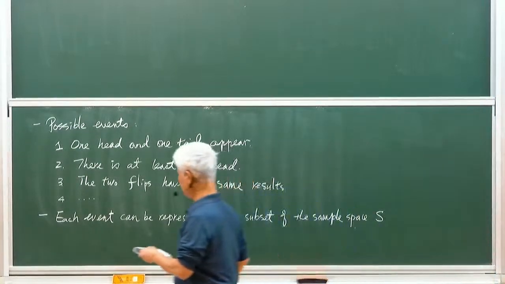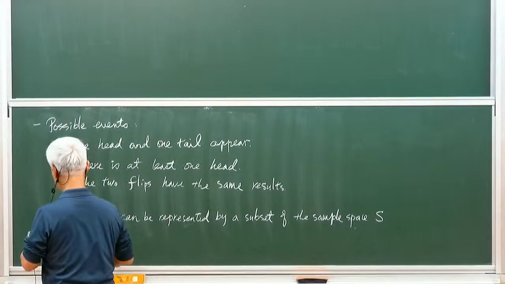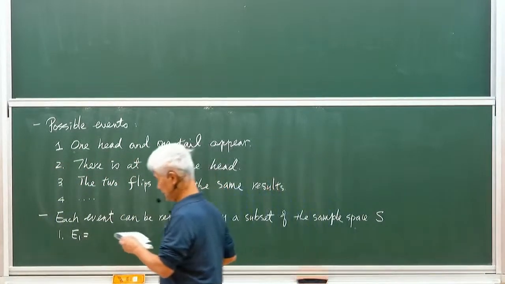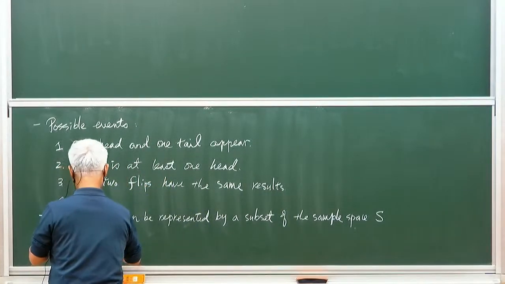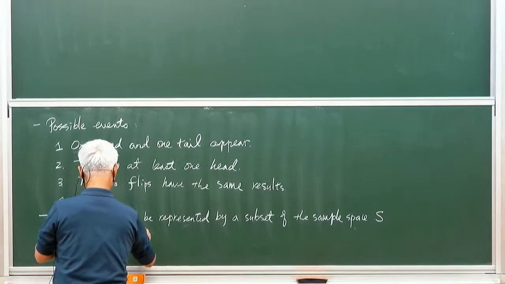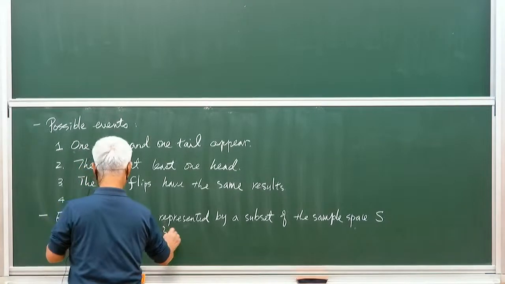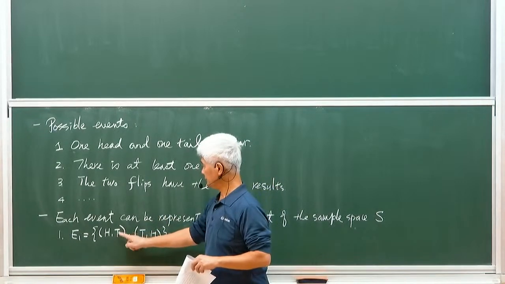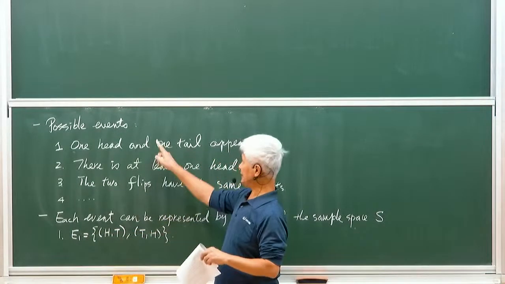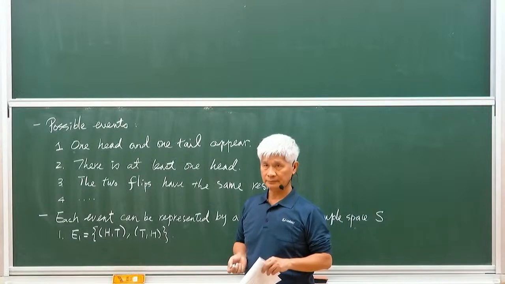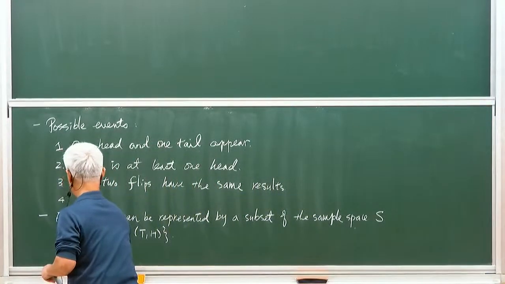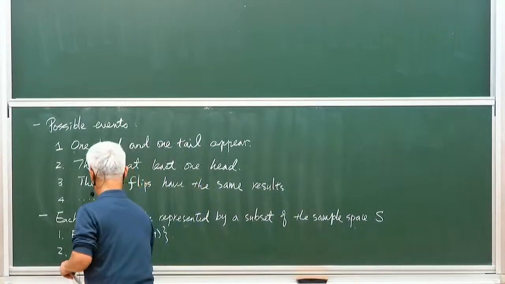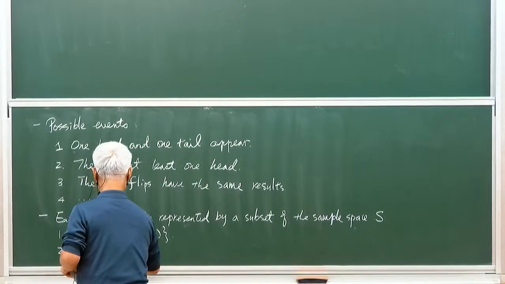So for the first event, one head and one tail appear, the possible outcomes would be these two ordered pairs. So if an outcome is in this subset, we say that this event occurs. The second event, there is at least one head, and so you get this subset.